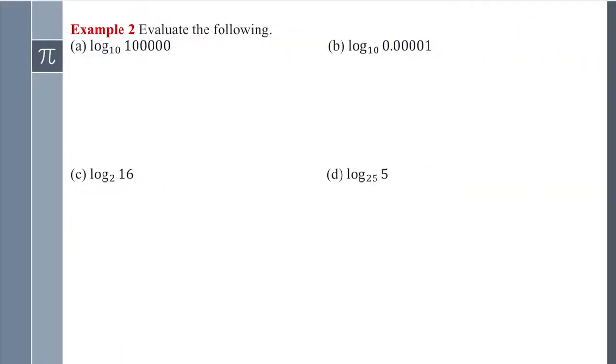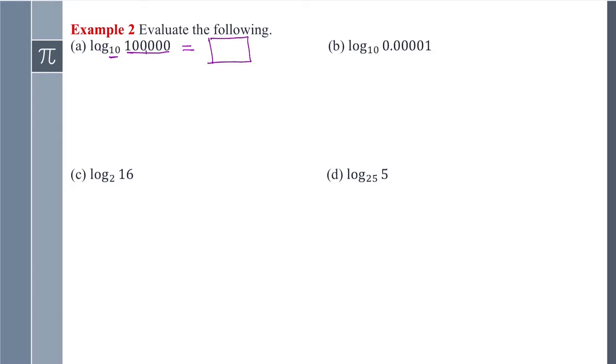Now, what does that mean? What does that log actually mean? Let's go ahead and find this one by hand, and that really helps us understand what the log means. Now log base 10 of this number here, 100,000, equals what? That's what we want to find.